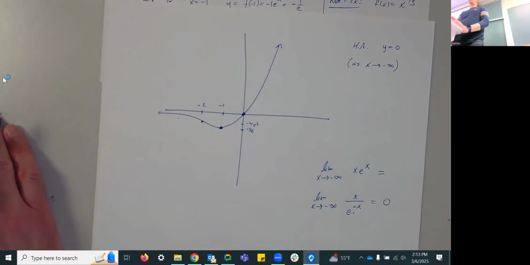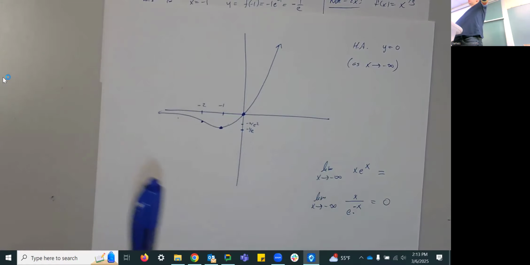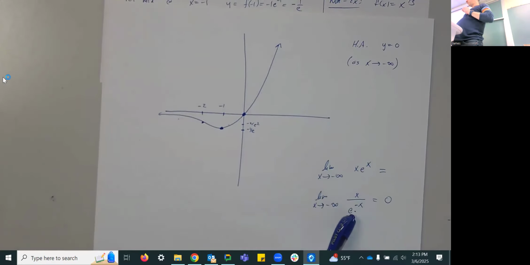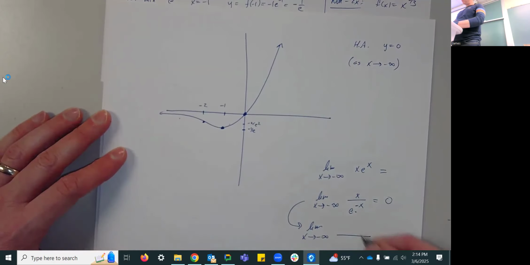Now, just so that we can prime the pump for L'Hopital's rule, the way L'Hopital's rule works, if you haven't heard of it, or if you have, is that if you have a limit that's indeterminate, specifically of a 0 over 0 form, or an infinity over infinity form, doesn't matter if they're negative or positive or one of each, you can use L'Hopital's rule, which says you can find the limit by taking the limit of the derivative of the top divided by the derivative of the bottom.